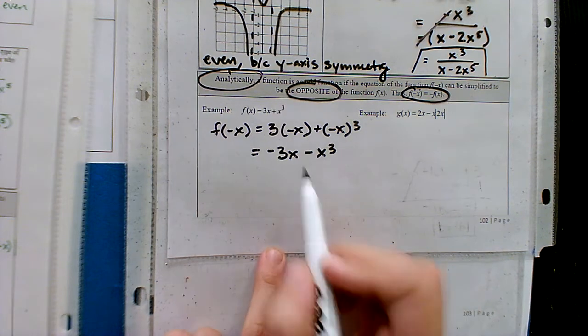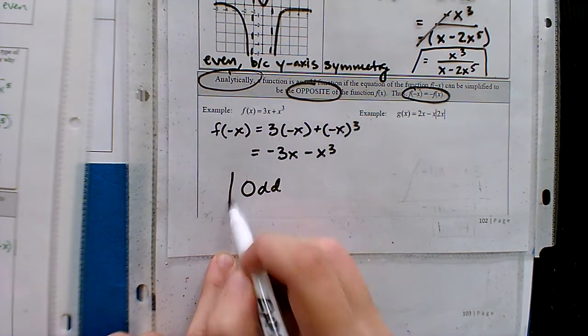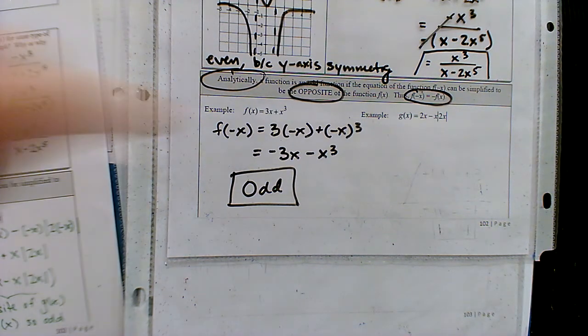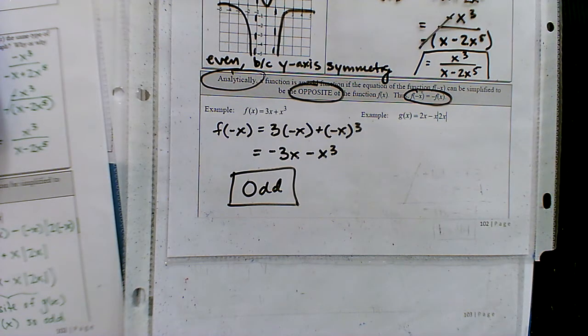Yeah, everything's opposite, right? Everything's switched sign. So we'll go ahead and classify this as odd. Everything's opposite. So if we did have a graph, if you wanted to graph it on your calculator, this shape of graph, you'd be able to flip upside down and it would be exactly the same. Okay, that's our conclusion for odd functions.